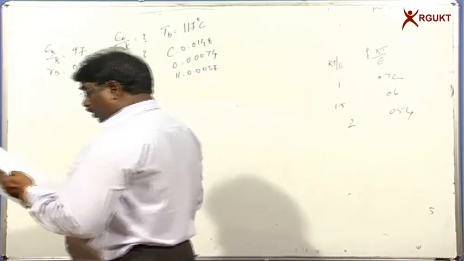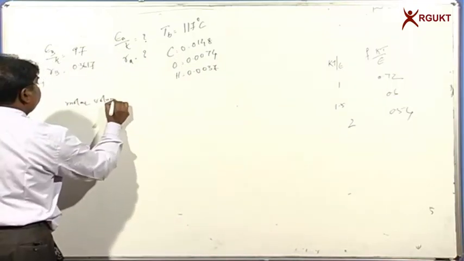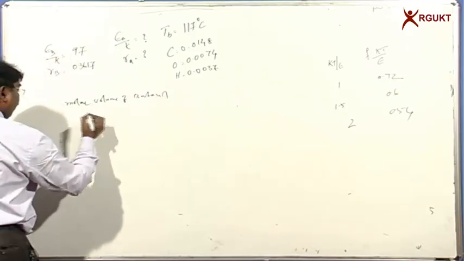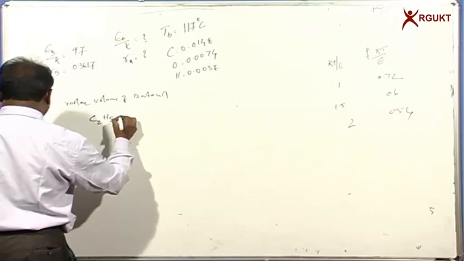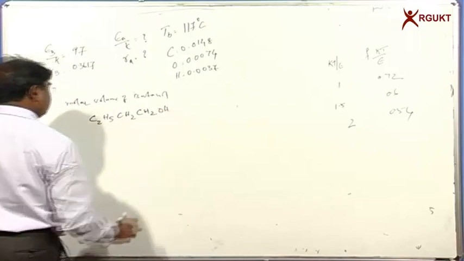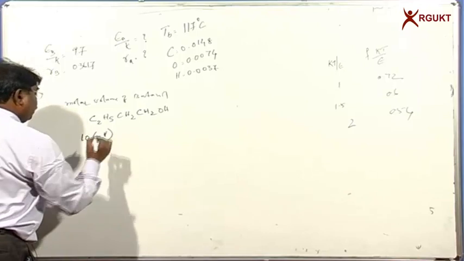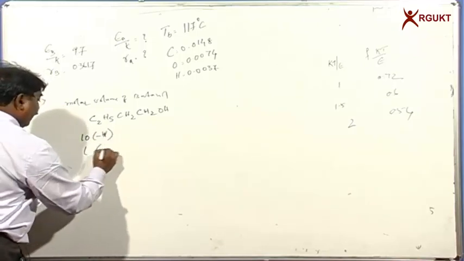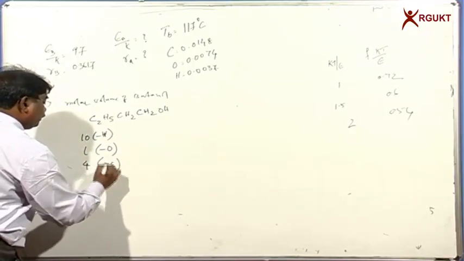Now what we have to do is estimate the molar volume of butanol. The molecular formula of butanol is C2H5 CH2 CH2 OH. That means we have 10 atoms of hydrogen, 1 atom of oxygen, and 4 atoms of carbon.